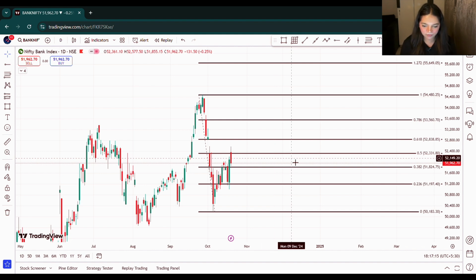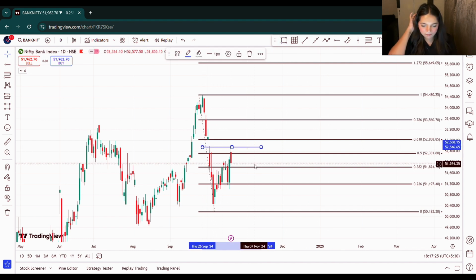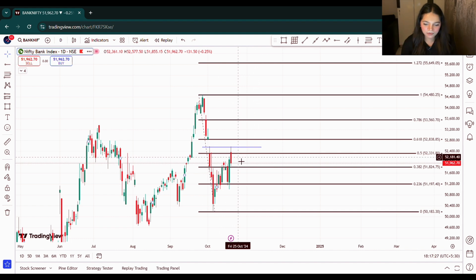So there is a possibility the market tomorrow might be on the bearish side because it just touched the 0.5 and came back. There are two possibilities for Bank Nifty.